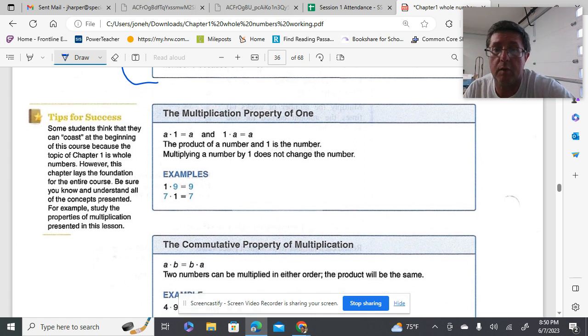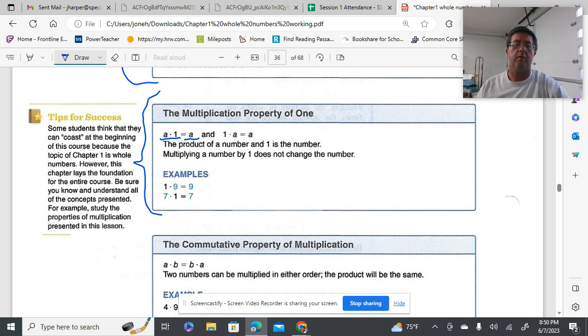Now, we have the multiplication property of 1. Whatever you multiply by 1 is going to be itself. So let's say I have one $5 bill. I'm going to have $5. If I have one $5, I'm always going to have $5. Now, if I had two $5, that would be different, but that's not the property of 1. If I have one of something, I'm only going to have one of it.